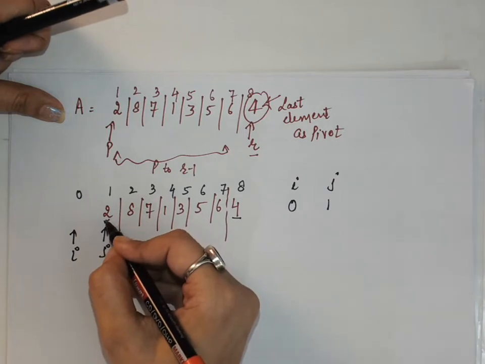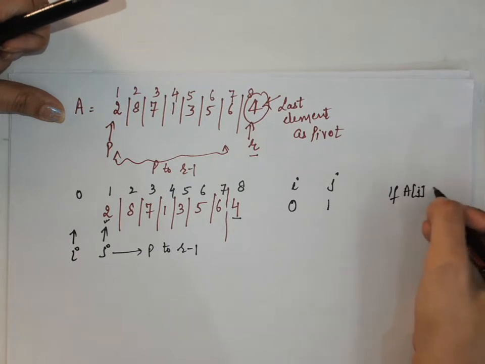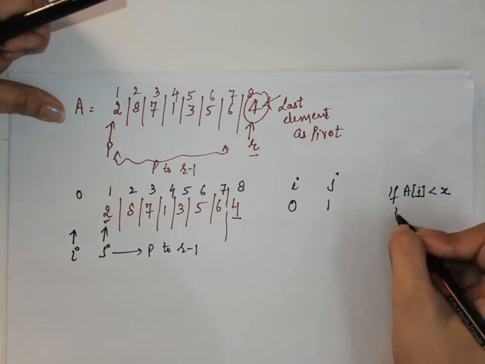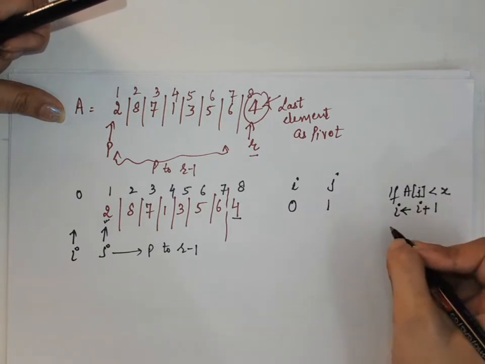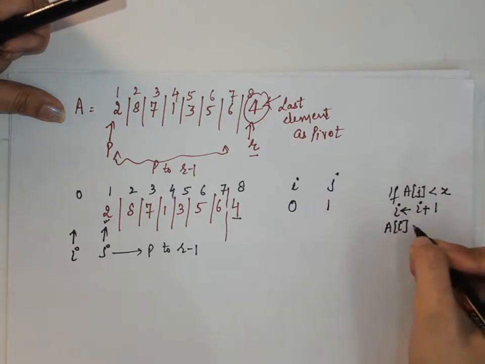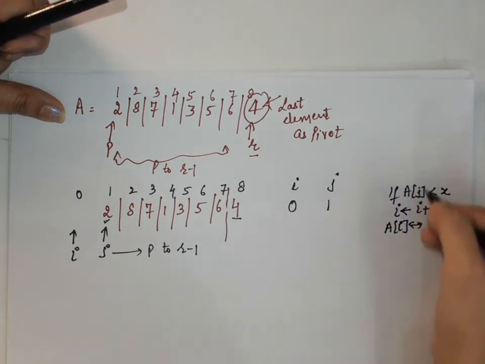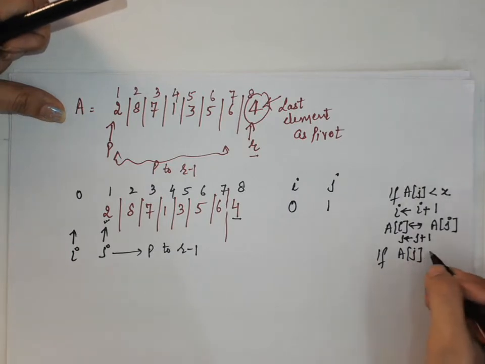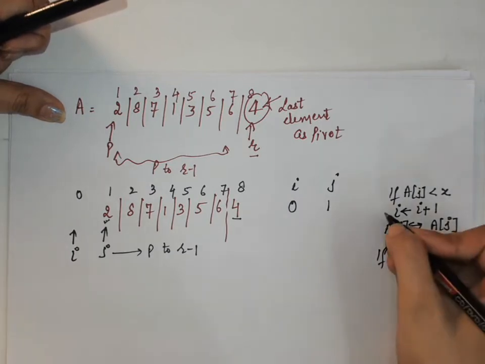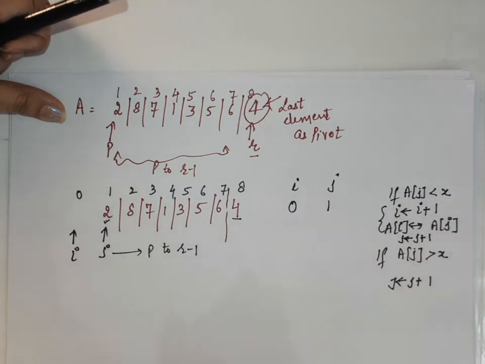If my a of j is less than my pivot element, then the action is: i will be incremented by 1 and then I will swap a of i with a of j, and then j will be incremented. If a of j is greater than your pivot element, then no action is required, only j is incremented by 1.